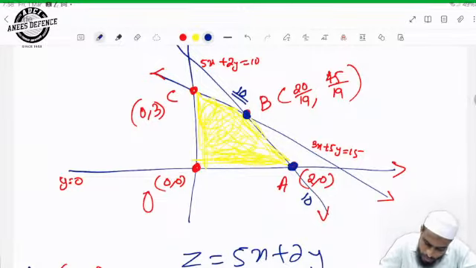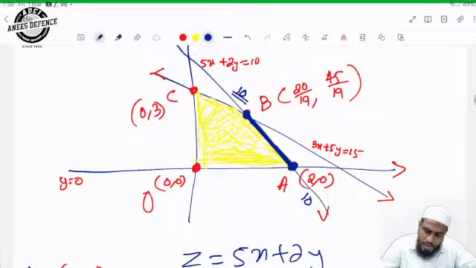So the answer will be the segment between A and B. Whatever points you take between A and B, all the points in this particular segment will satisfy the z equal to 10 condition.